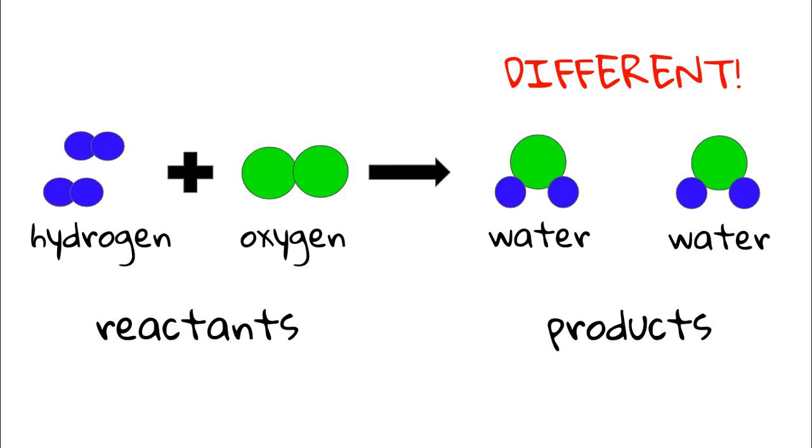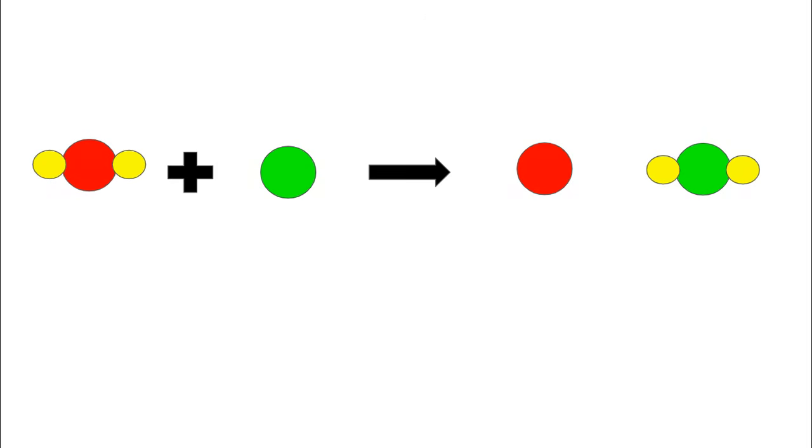Now I'm going to show you some examples and I want to see if you can guess it on your own before you do your assignment. This is some practice, so please take time to think about it before you move on to your assignment, okay? I'm going to show you this example first. Go ahead and look at your reactants. Look carefully at those molecules.